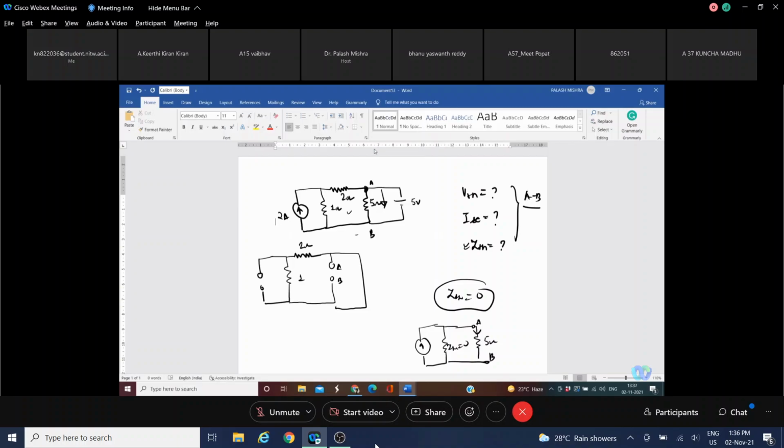Current will be there in the 5 ohms. Definitely the current will be there. Take it as an exercise. The current should be there. This question, again, I am telling you, is a very important question. It may come in the exam also.